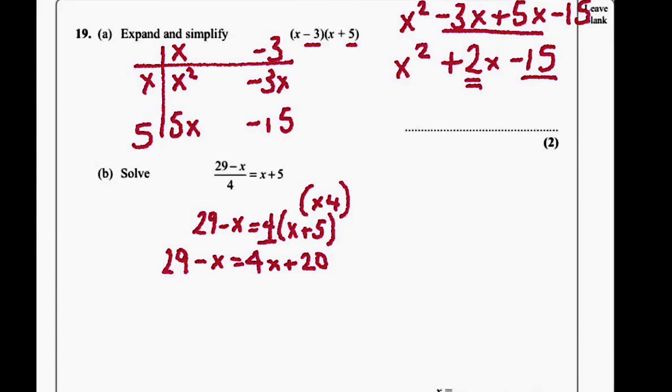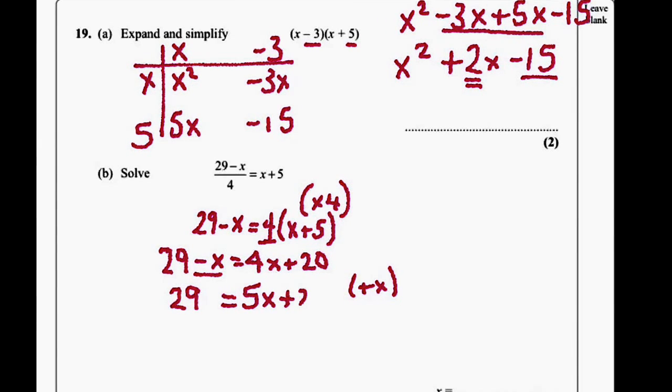And now I'm just going to solve this equation. Now, to get rid of this minus x here, I'm going to add x to both sides. That gets rid of the minus x on the left-hand side, so it just leaves me with 29, but I must remember to do it to the right-hand side as well. So now I've got 5x plus 20. Now on the right-hand side, I want to get rid of that 20, so I'm going to take away 20.